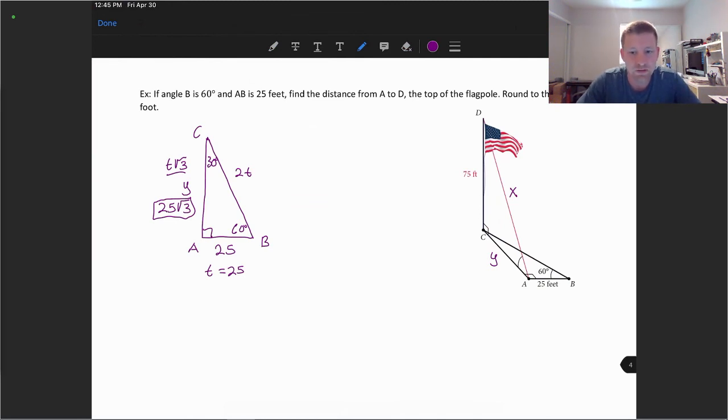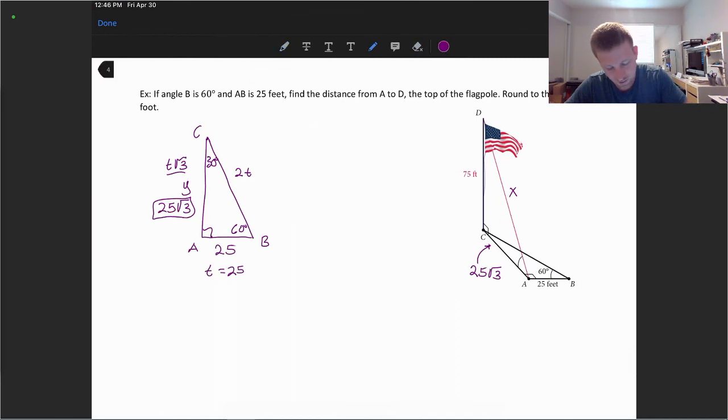So this helps me relate the triangle that is in the vertical direction. So notice here, y, we can represent here as 25 roots of 3. I'll just label that right there. So now consider our vertical triangle.